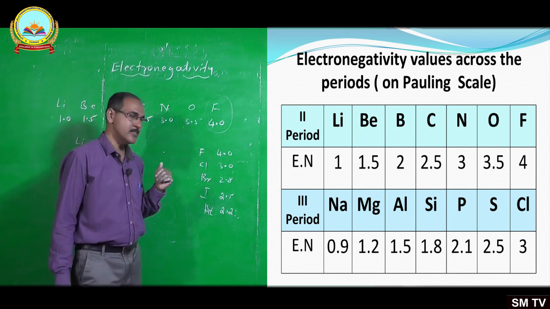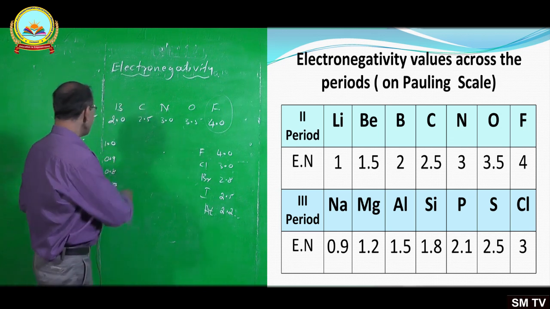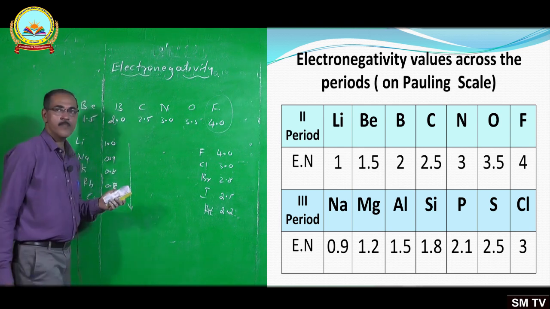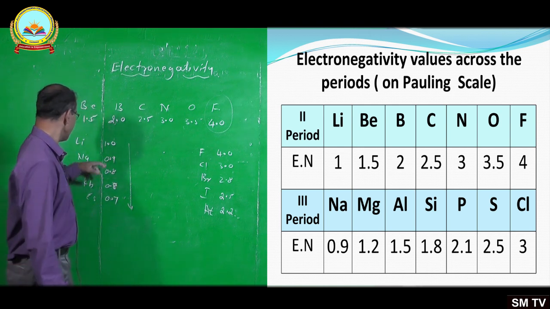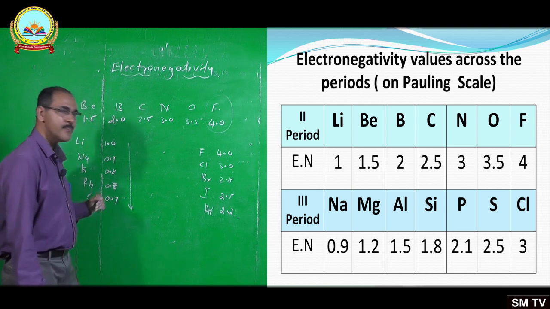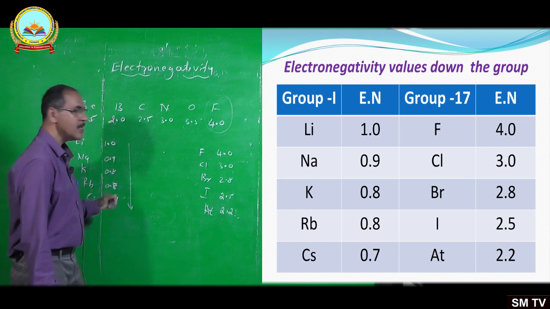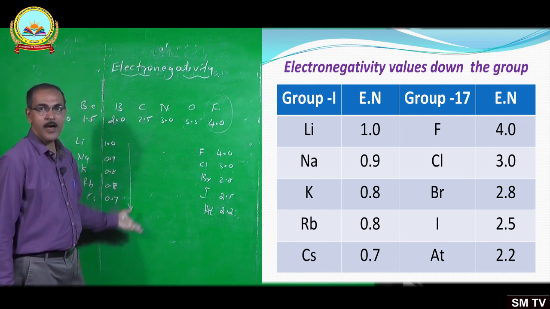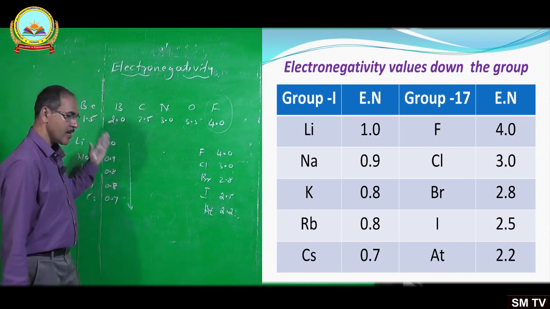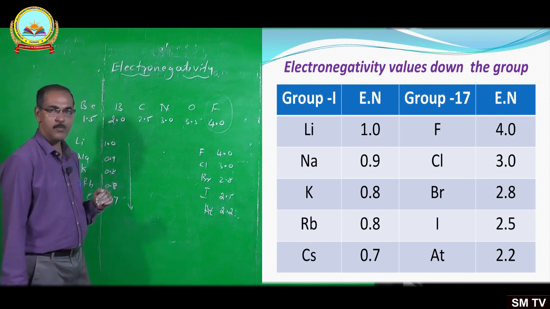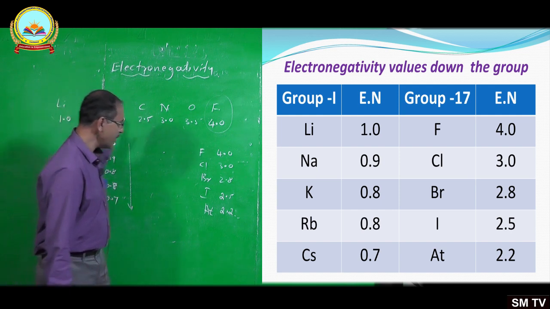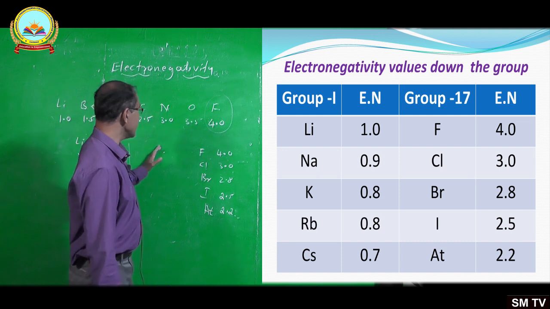On moving down the group, electronegativity decreases. This is again because of the increase in the atomic radius on moving down the group. So, that is about electronegativity.